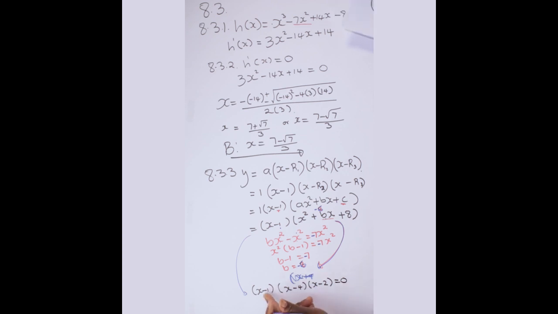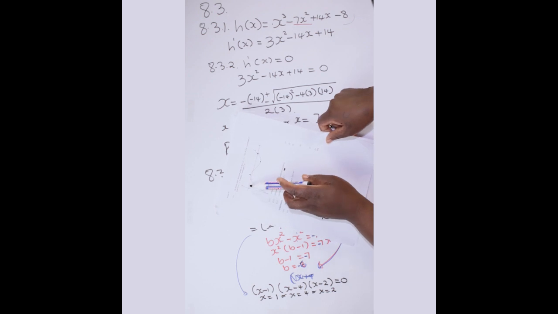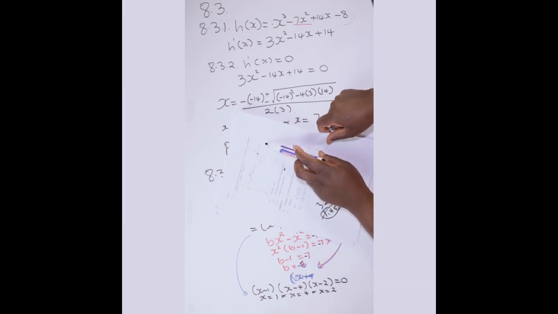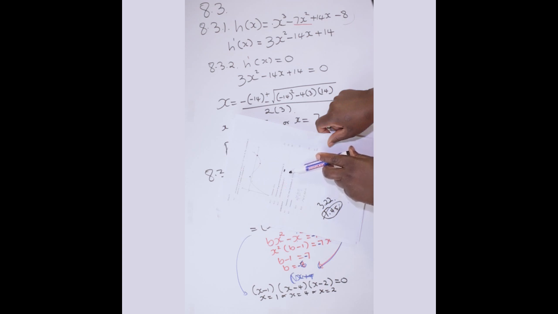equal to 0. These are our intercepts using this method, though there are other methods that you can use to get to the solution. In other words, now x is equal to 1, or x is equal to 4, or x is equal to 2. Looking at our graph, this makes sense because all of these are on the positive side of x. Now the question was saying we must calculate the coordinate of c.